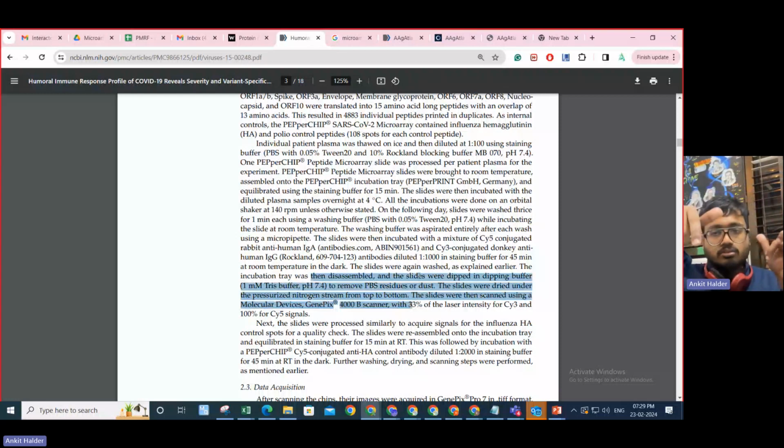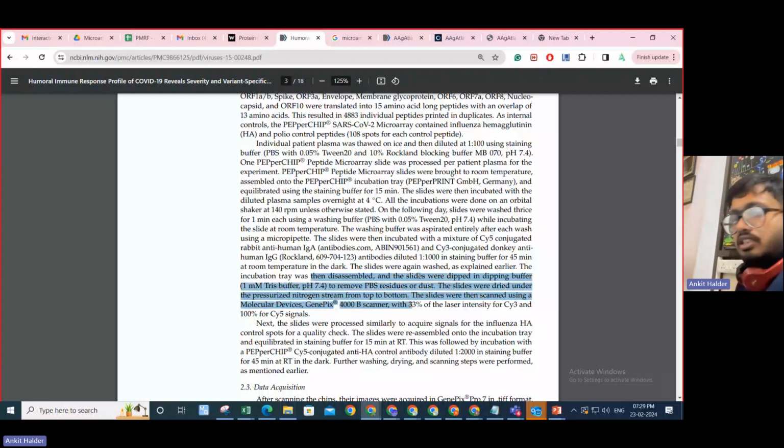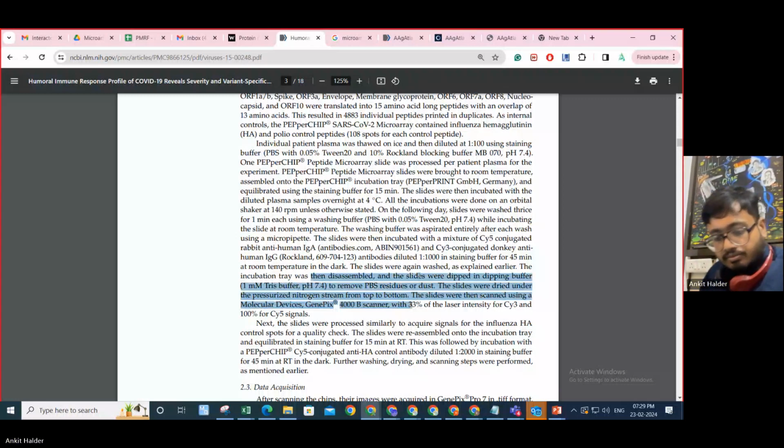You need to be very careful, because with an abnormal amount of pressure you would break the slides, which are quite expensive in nature. So you need to be quite careful in that manner. That needs to be carefully done.